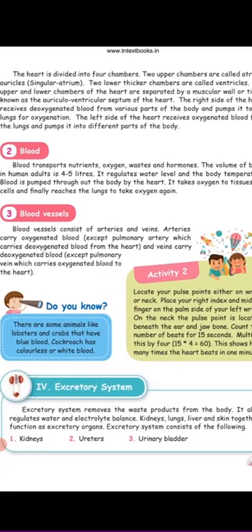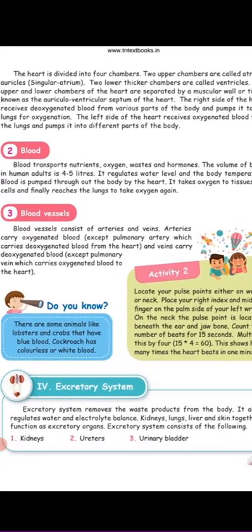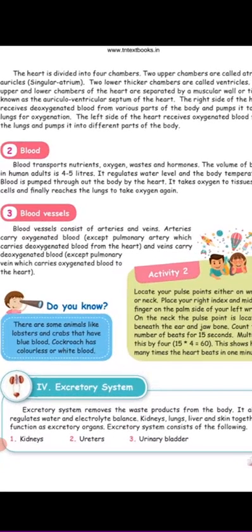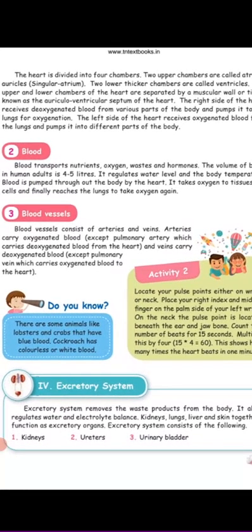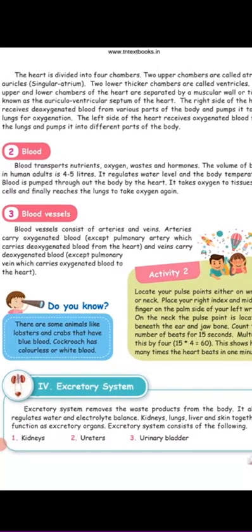There are four chambers, that is two upper and two lower. The upper chambers are called atria or auricles, and the lower chambers are called ventricles. These upper and lower chambers are separated by a muscular wall called the auriculoventricular septum. Clear?